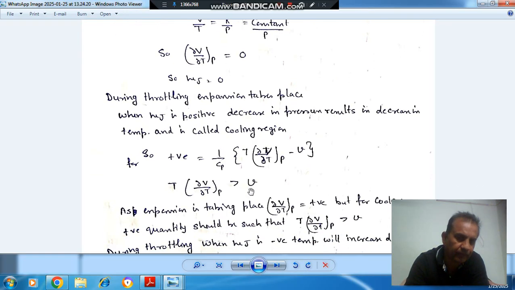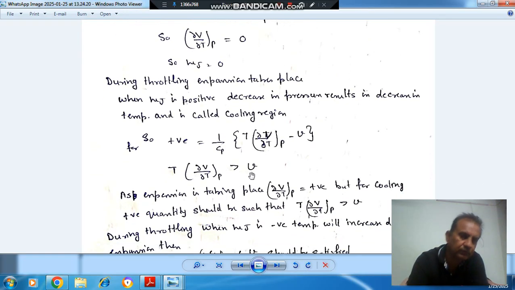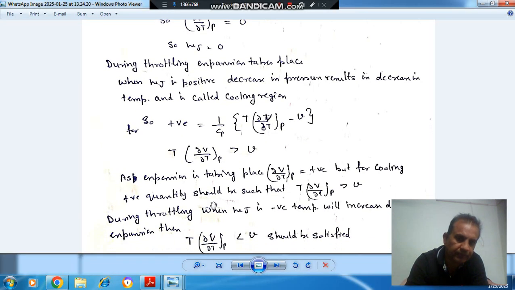So T(∂V/∂T) should be more than V to have the cooling effect. Now if μJ is negative, then it is heating. This quantity is then less than V, so we have μJ as negative.